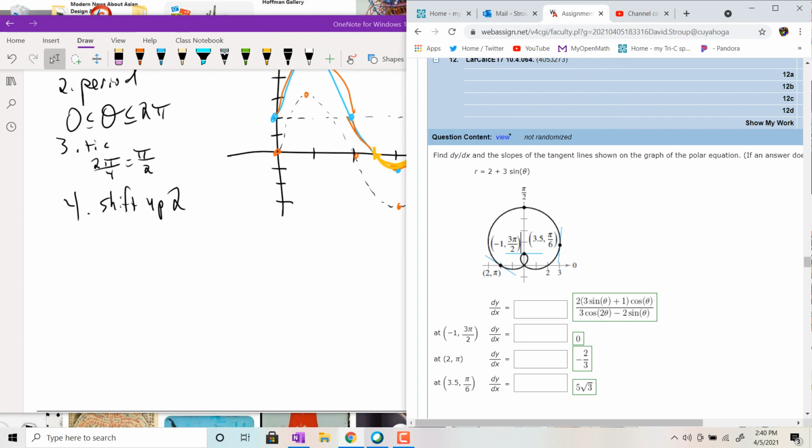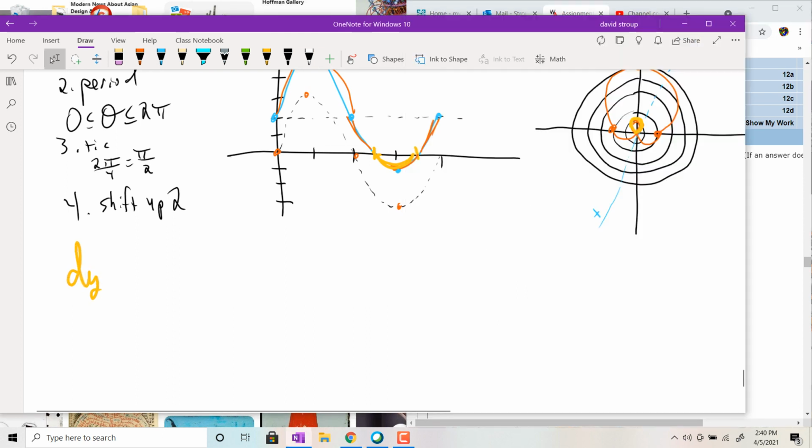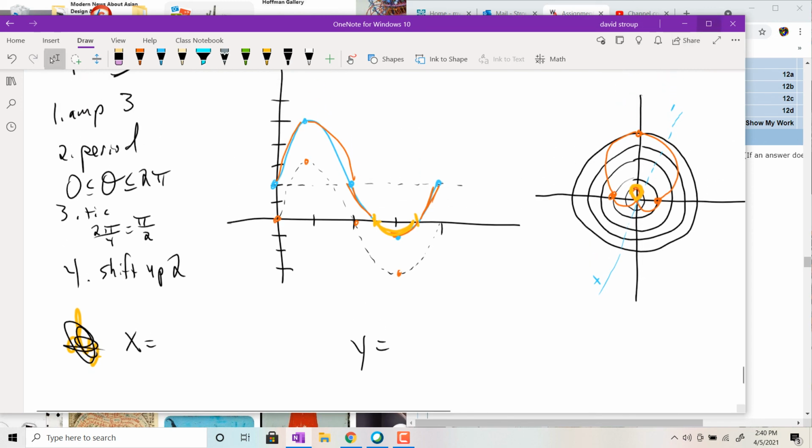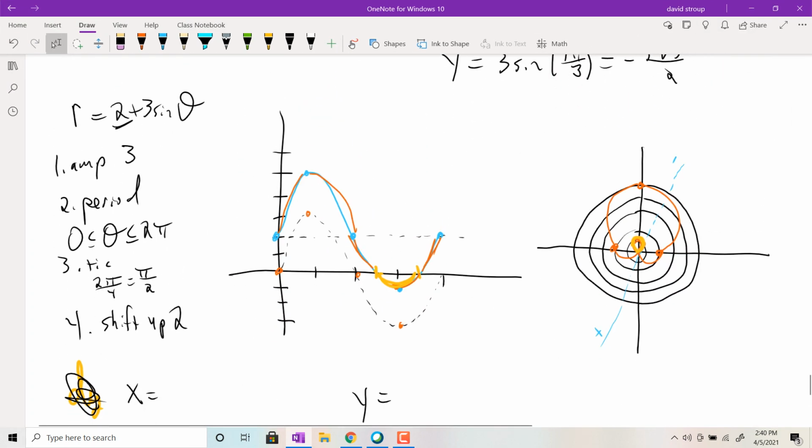Find the slopes of the tangent lines at the following points. So first they need literally the dy over dx formula. And we might as well find what x is and what y is. So remember, x is r cosine theta. The r expression is 2 plus 3 sine theta.